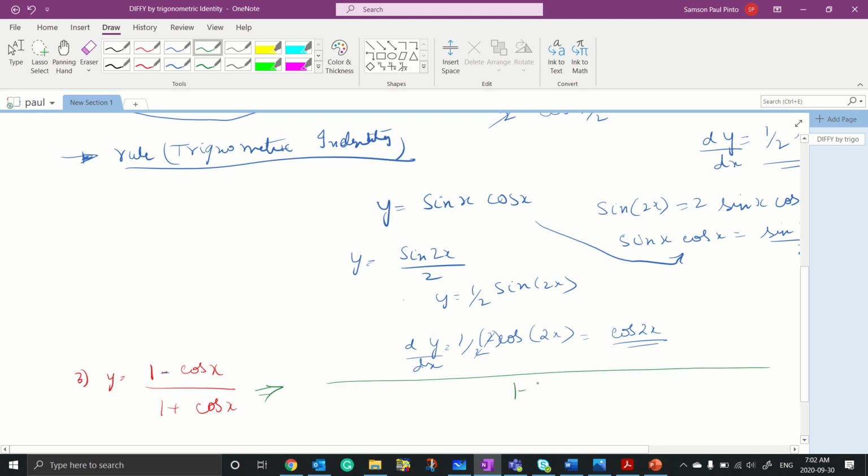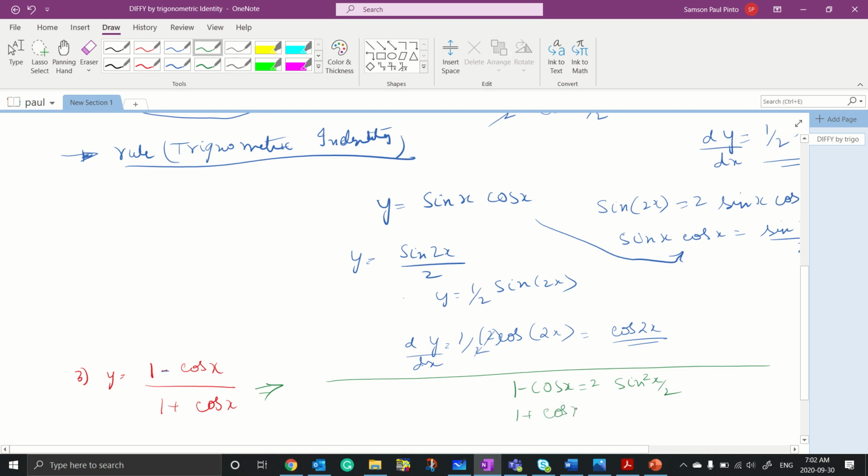1 minus cos x is nothing but 2 sine square x by 2. Okay, and 1 plus cos x is equal to 2 cos square x by 2.